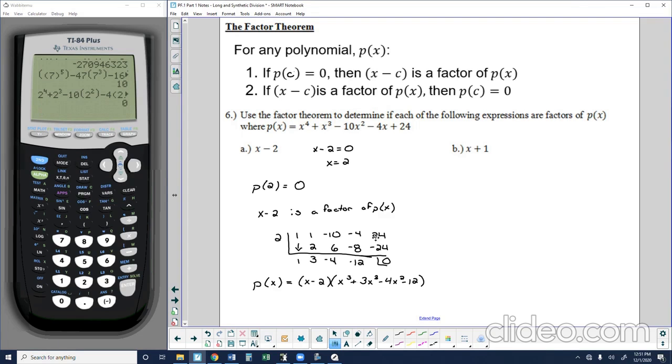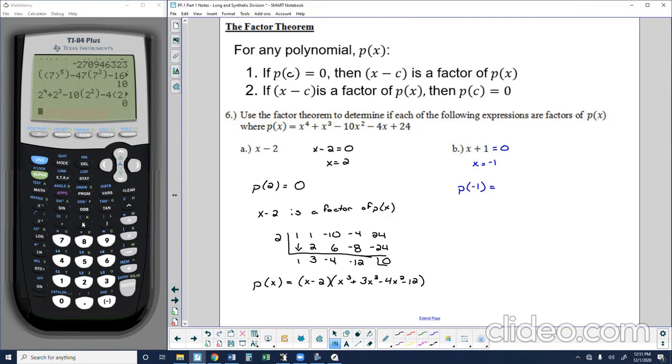Let's go ahead and take a look at B. See if you can pause the video and determine if x plus 1 is a factor of p of x. Hopefully you've gotten a chance to do that. The zero for x plus 1 would be negative 1, so we need to find p of negative 1.